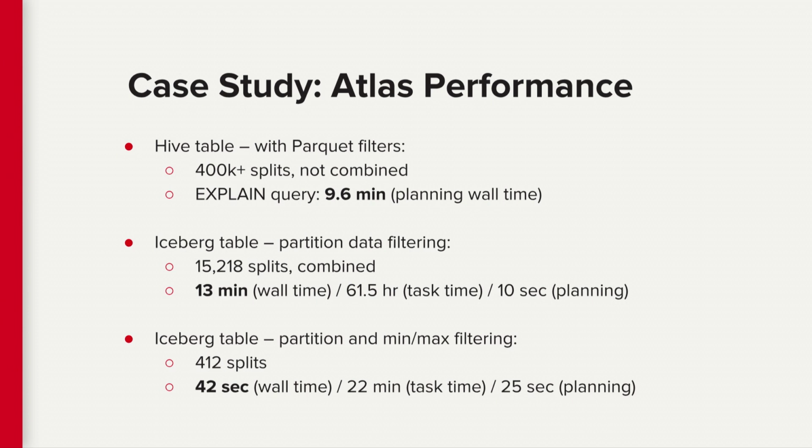So not even running the query itself, not processing the 400,000 splits per day, that takes 10 minutes just to run that portion of the query. And this is essentially why it's so hard to actually process data in this table and effectively impossible, because we have to spend 10 minutes just planning the data and then way, way more time actually going out and looking at it.